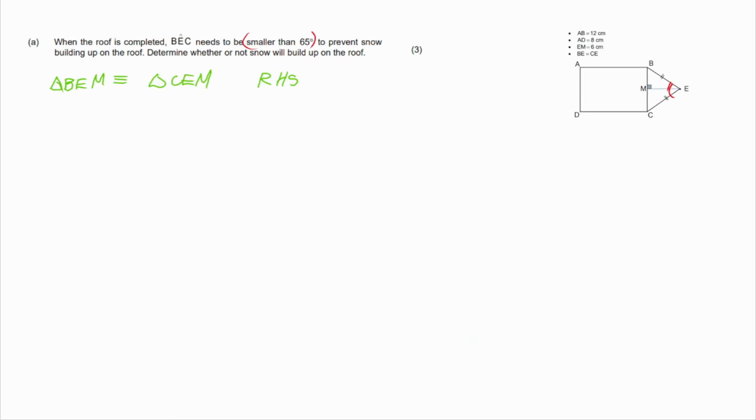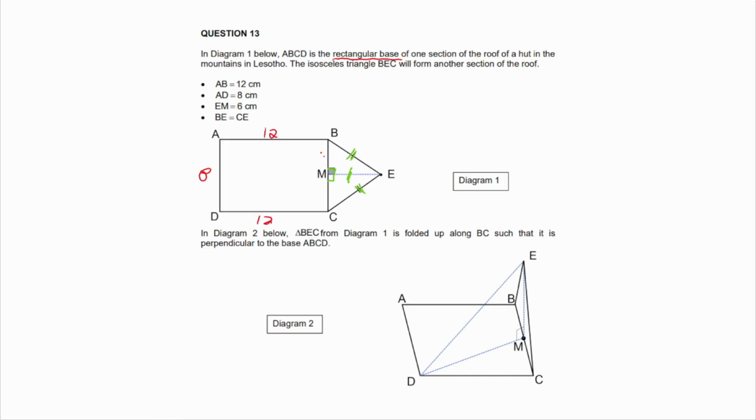So what we have then is what we needed, that BM is equal to MC. We needed that, right? I needed this because I knew this was 6, to then find this angle.